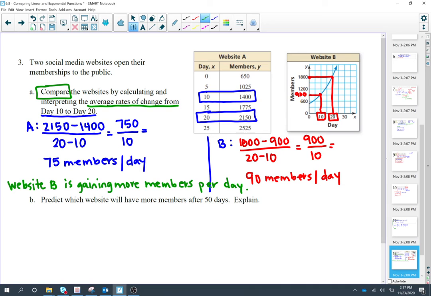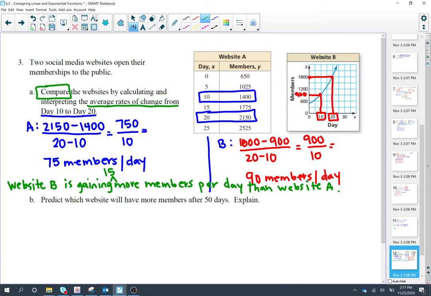Specifically, 90 minus 75 is 15, so website B is gaining 15 more members per day than website A. And then we've compared.